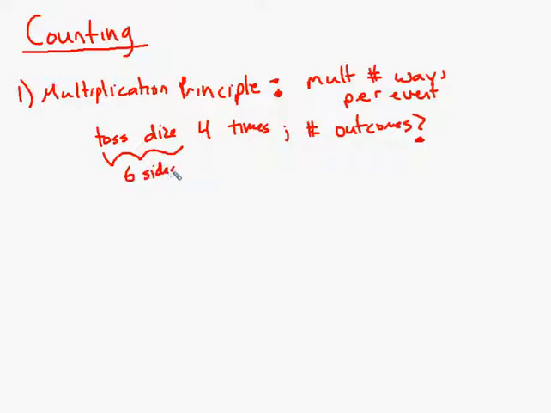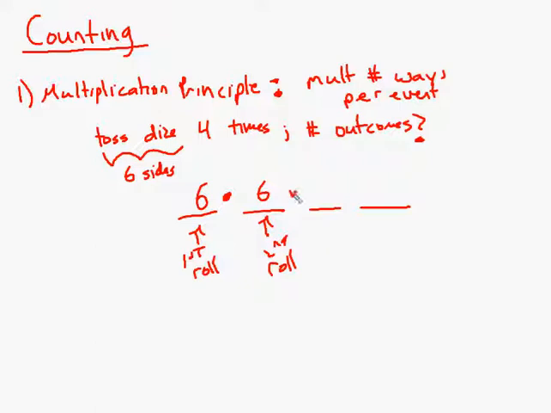So 6 options, 1, 2, 3, 4, 5, and 6. So if I'm going to toss it 4 times, then I have 6 options for the first roll. And the next one, second roll, 6 options times 6 options for the third roll, and 6 options for the fourth roll.